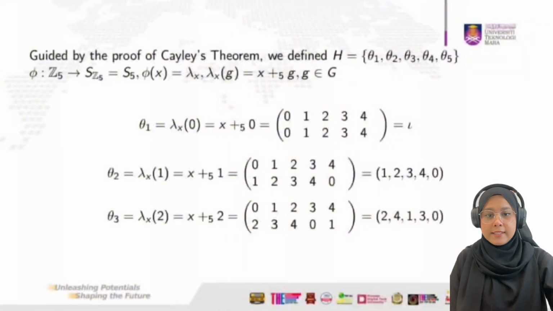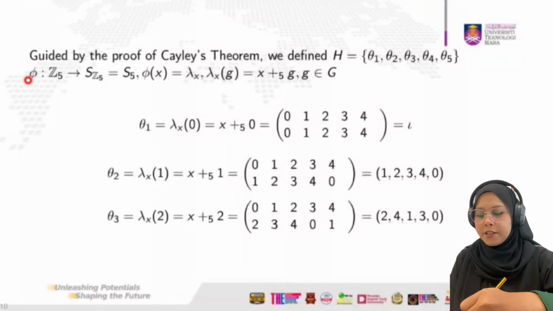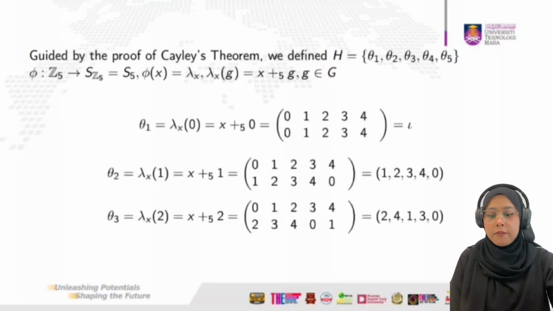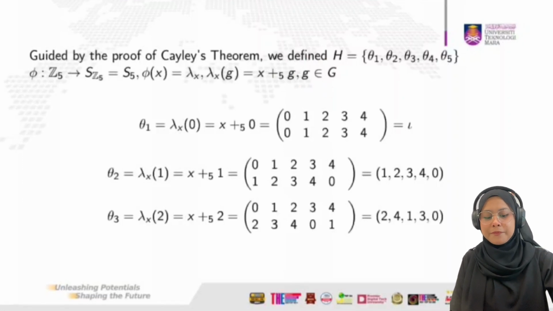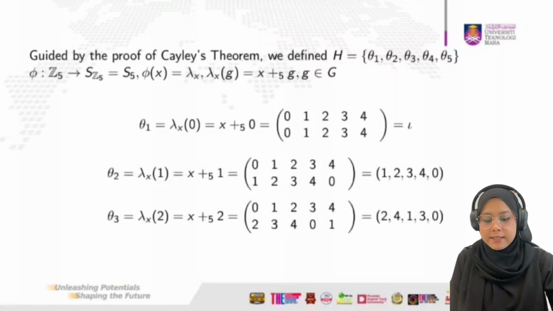Guided by the proof of Cayley's theorem, we define H as the set of theta 1, theta 2, theta 3, theta 4, and theta 5. From the question, the function from the group of integers modulo 5 onto the symmetric group of order 5 is phi(x) equals lambda x, where the operation is lambda x(g) equals x addition modulo 5 g, where g is in group G. So the first one is theta 1.